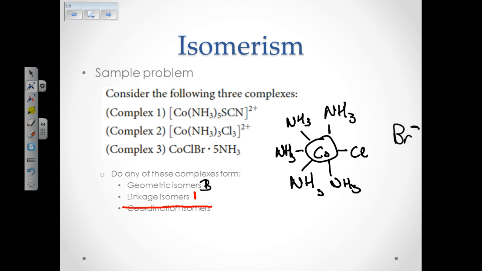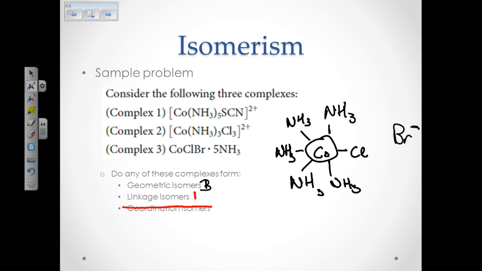So complex number 3 is a geometric isomer, but ammonia is not something that can have linkage isomers. You can't change linkages, so it's not a linkage isomer. And again, we're only looking at things with 4 that could possibly be cis-trans isomers or coordination isomers.